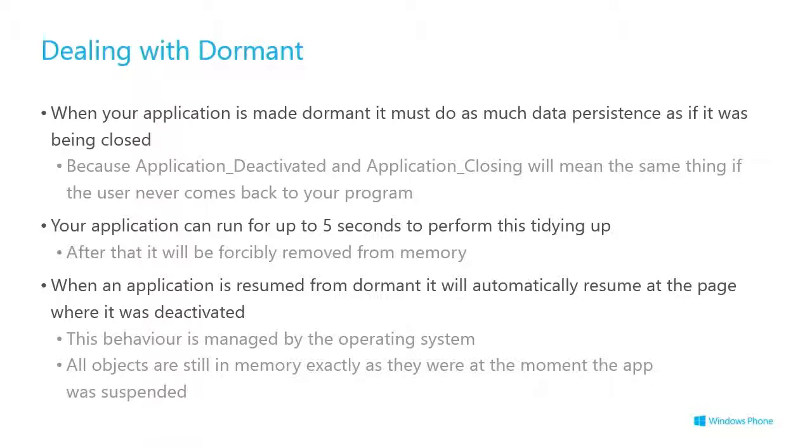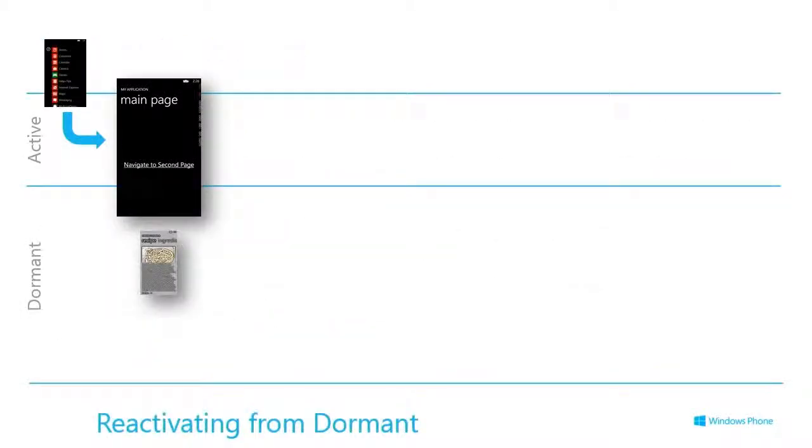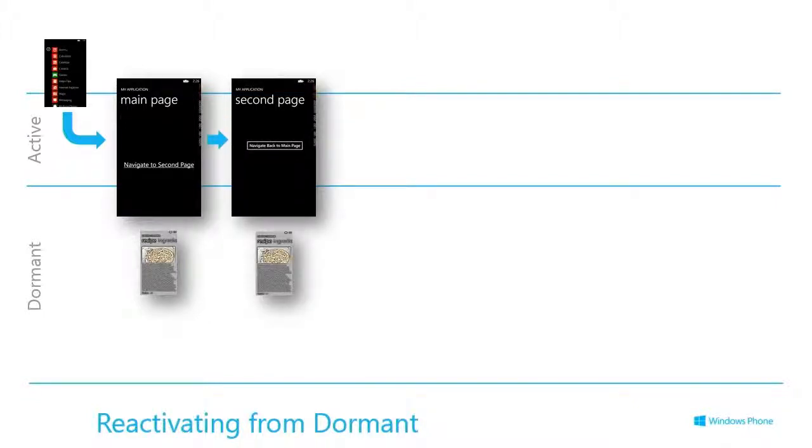But this is a diagram that illustrates what's going on. Here our user has started our application, which is the main page one shown in black, and underneath that, the previous app we were running has been made dormant, which looks suspiciously like the recipe page of the Contoso cookbook. It's seen better days. It's looking a bit pasty-faced because it's been made dormant. It's sitting there waiting to be reactivated. We could go to the second page in our application, and nothing much changes.